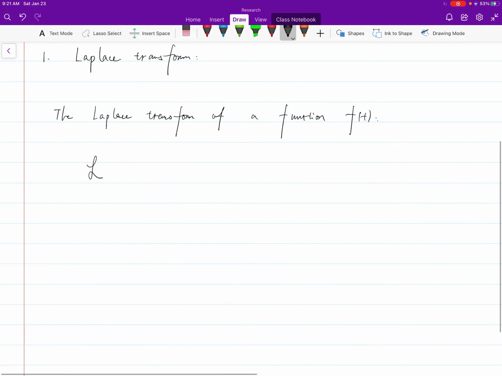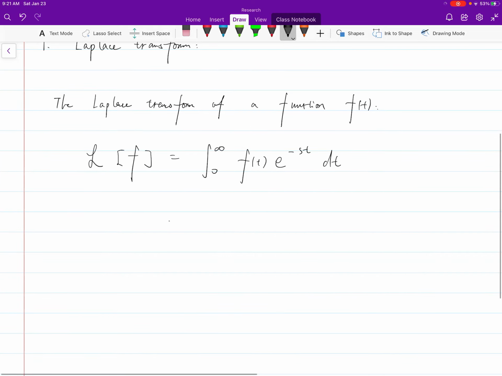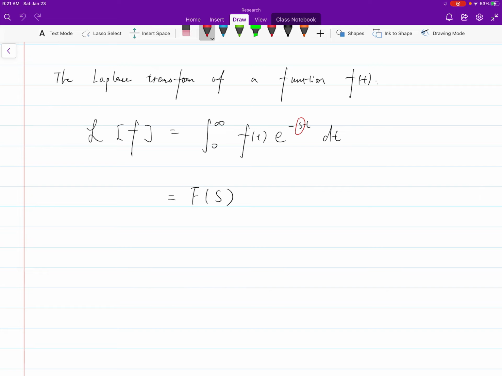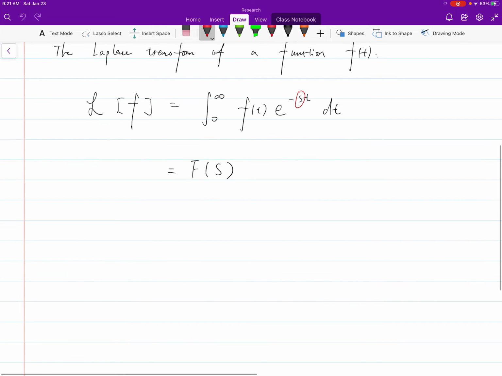It's defined by L, we put a bracket to indicate this is a transform, L[f] equals the integration from 0 to infinity of f(t) e to the negative st dt. If you think about it, this is a variable t, you have a starting and ending point. The final thing will give you some function, but this time with respect to the variable s, because t will be gone after you do the integration.